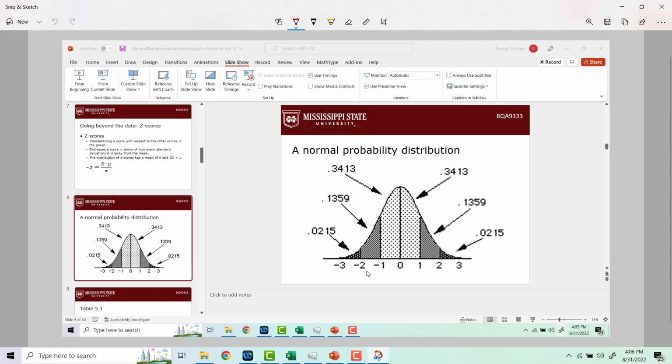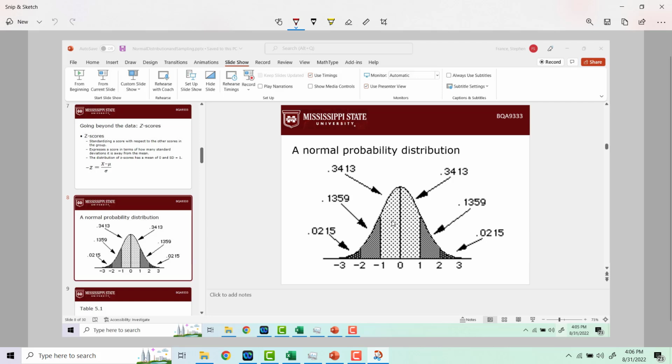If we go between -2 and 2, then this actually goes up to about 95%. And then we go to 3 standard deviations, and it becomes over 99%. So those are some ideas about how much of the data of a normal distribution is included between certain levels of standard deviation.